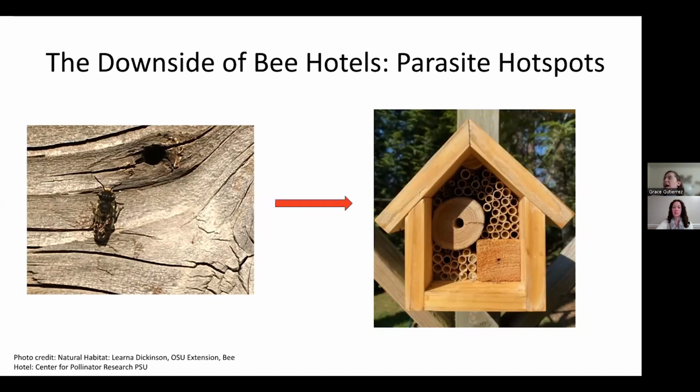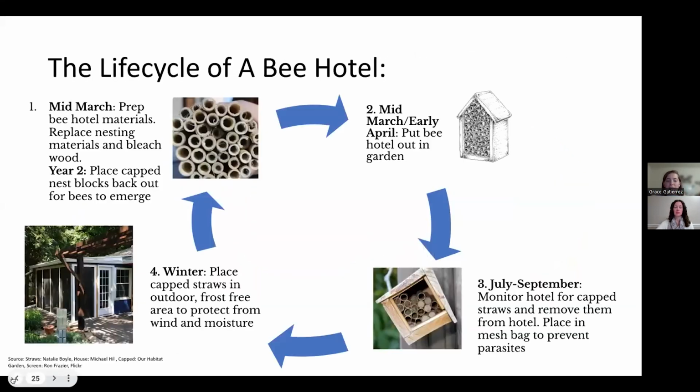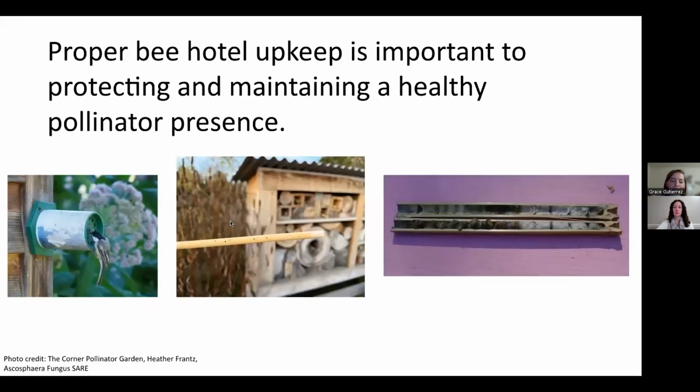I wouldn't, because, oh gosh, I'm trying to see if I can find, oh, yeah. So as you can see, with the parasitic wasps in particular, they may be tiny, but they pack a punch.